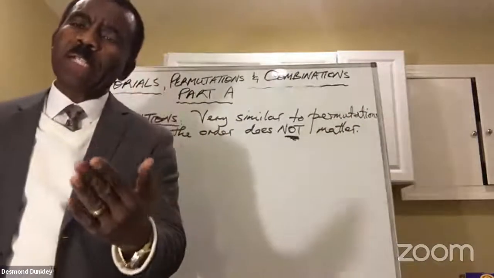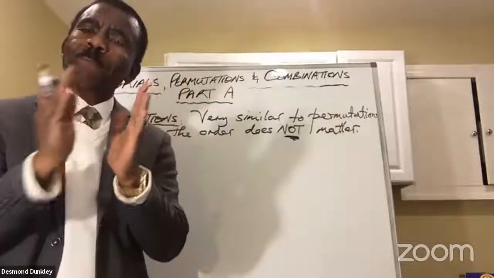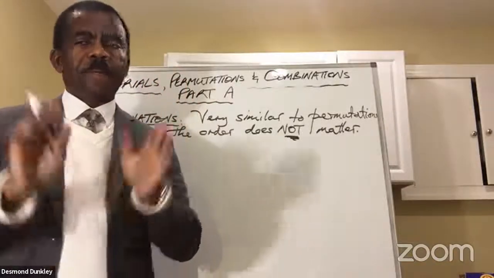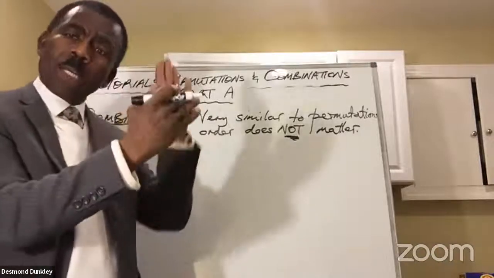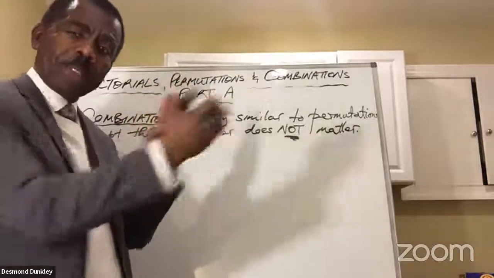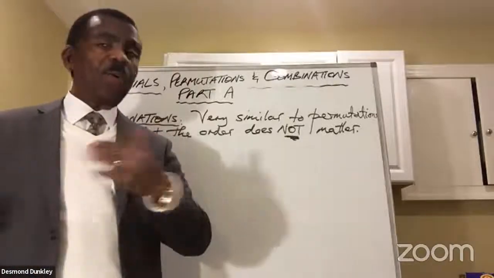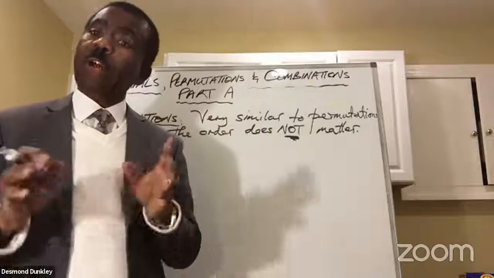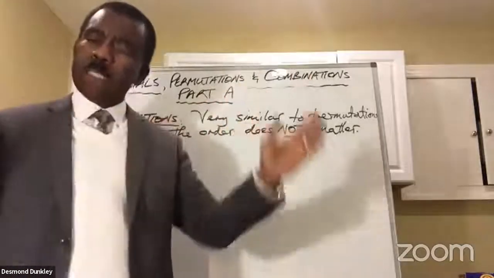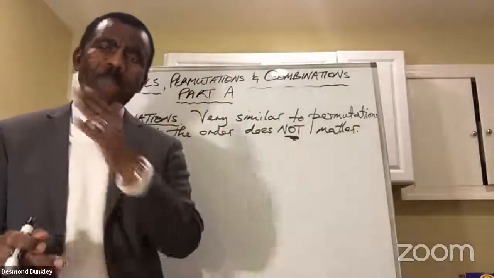When you do combinations, the order is not important. With permutations, the order is important. What is first makes a difference. With combinations, the order doesn't matter. It doesn't matter how you finish. It doesn't matter how you're selected, as long as you're in the selected group. It's the same group. The order is not important.